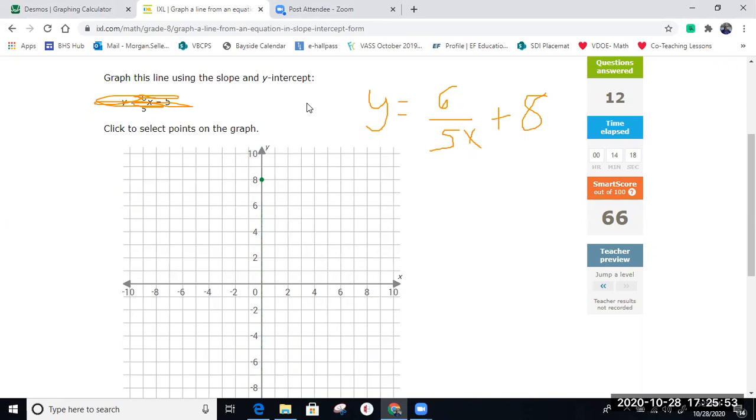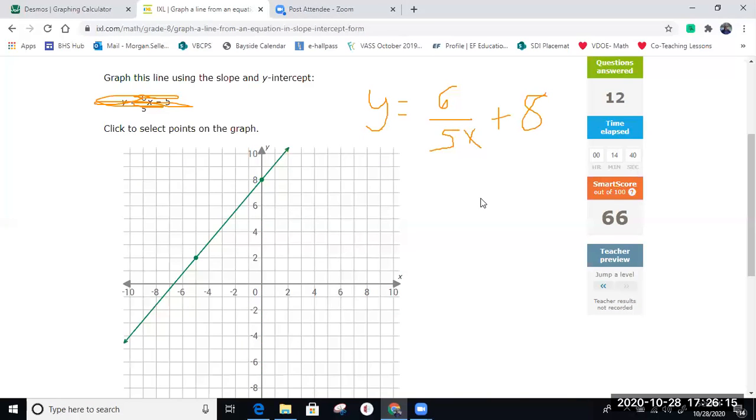So this is what I'm saying, you do the opposite. So instead of going up 6, right 5, I go down 6, left 5. So down 1, 2, 3, 4, 5, 6, left 1, 2, 3, 4, 5. And then this is a positive slope. So I'm hoping that's not confusing.